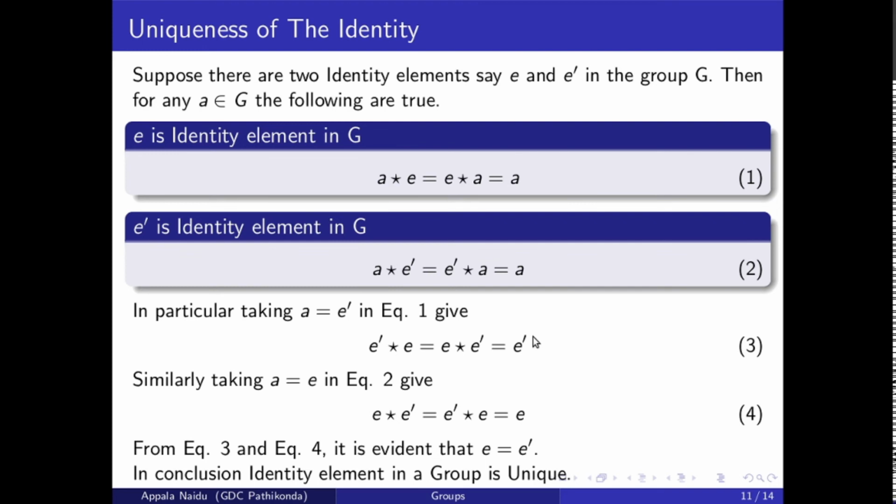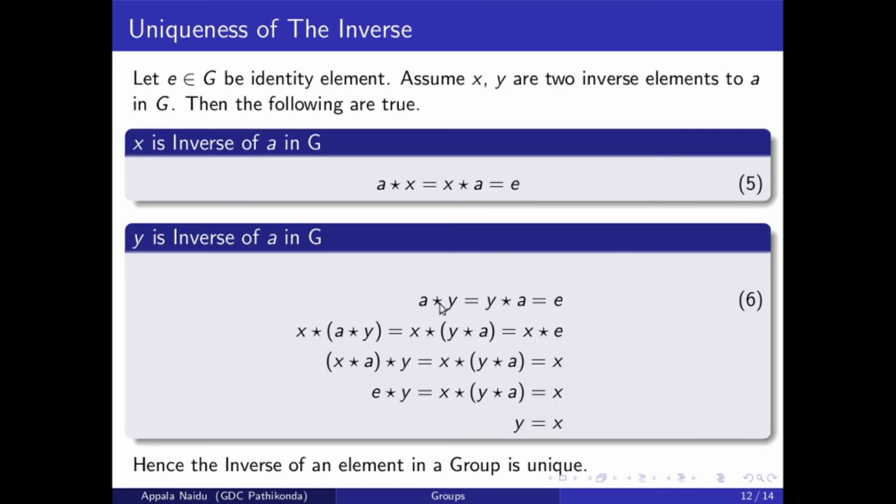Now let us see another property: uniqueness of inverse. If you have an element a in G, its inverse has to be unique. We take inverse of an element, so that inverse is unique. So suppose there are two inverses for a in that group, so what will happen?